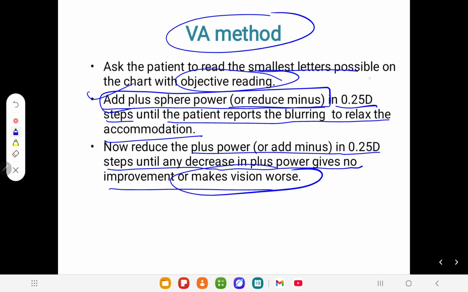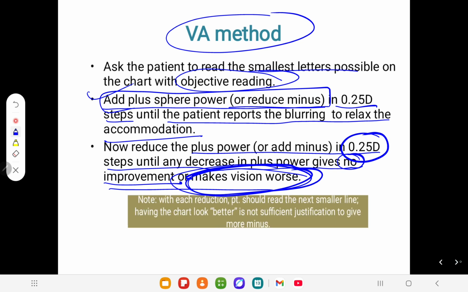First you add the plus and see if accommodation is completely relaxed and there is blurred vision, and then you reduce the plus, meaning you add the minus in the same 0.25 steps, and the end point is if there is no improvement or if it is making vision worse. That's the end point.